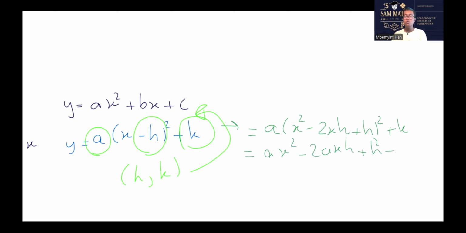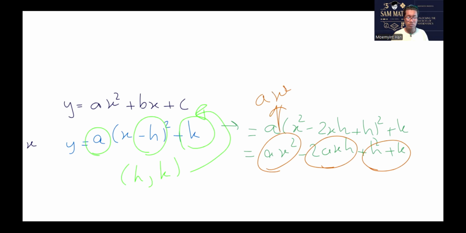According to our understanding of the standard form, we can take this part as the constant part, and this part as the x to the power of 1 part, and this part as ax squared. So ax squared is equal to ax squared, so we don't have to do anything there. In terms of bx, it will look something like bx is equal to minus 2ahx, isn't it?